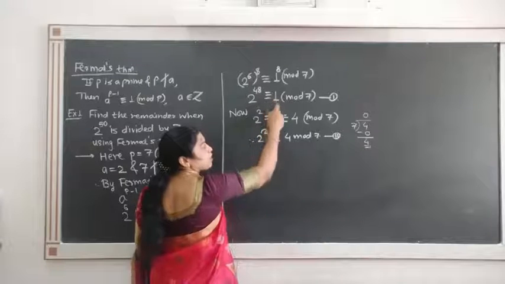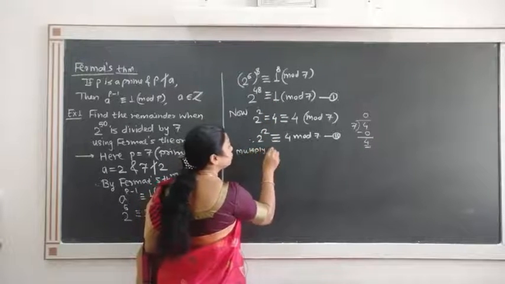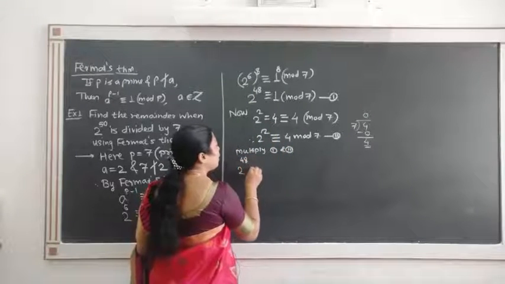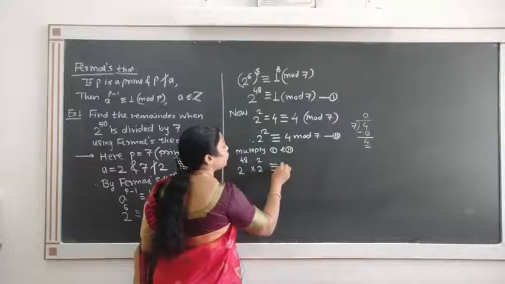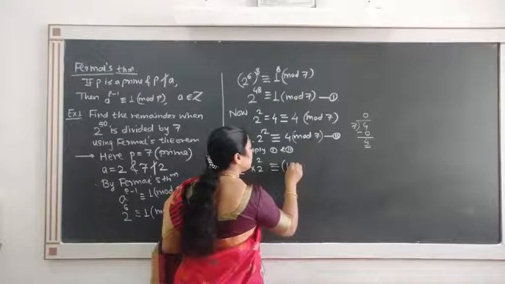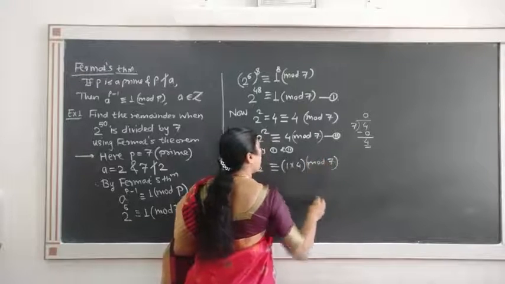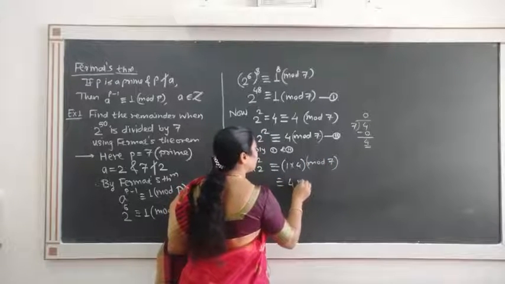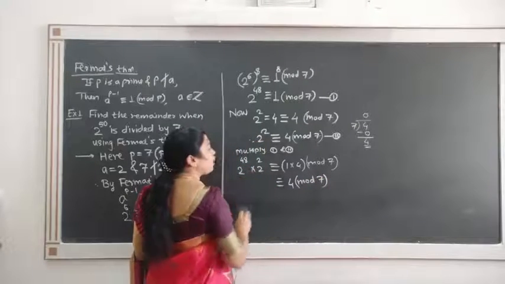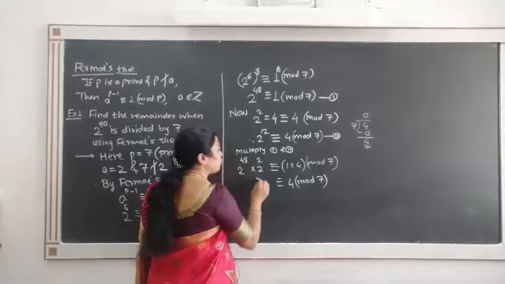Now multiply equations 1 and 2. On the LHS we have 2 raised to 48 into 2 raised to 2, congruent to 1 into 4 modulo 7. 1 into 4 is 4. So it is 4 modulo 7, and 2 raised to 48 into 2 raised to 2, by laws of indices, the powers get added and become 2 raised to 50.